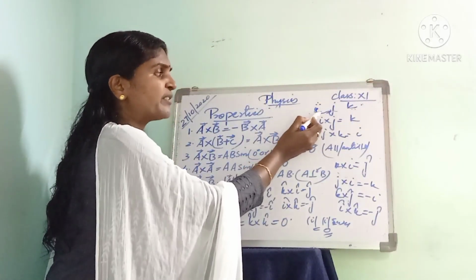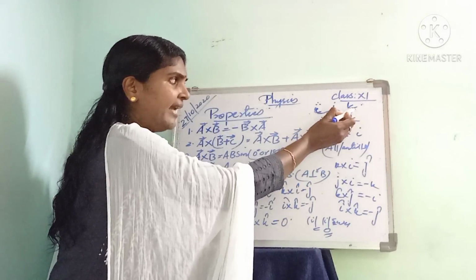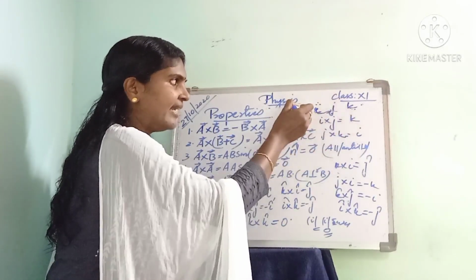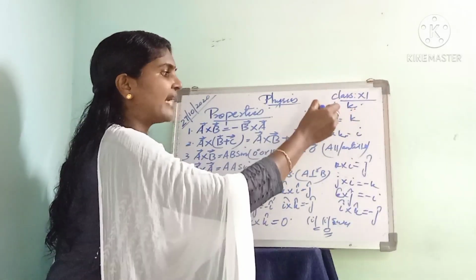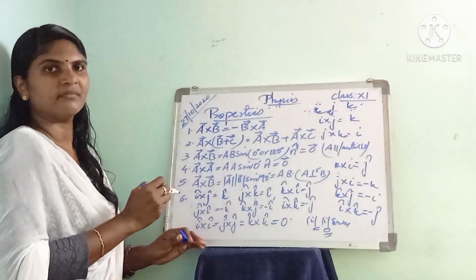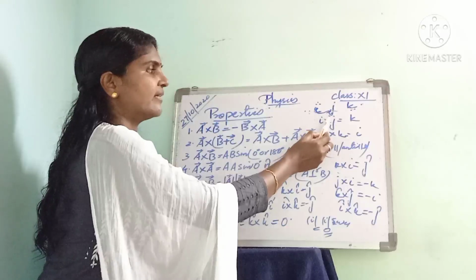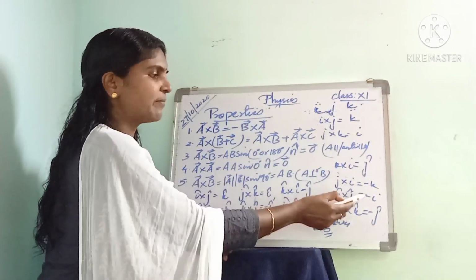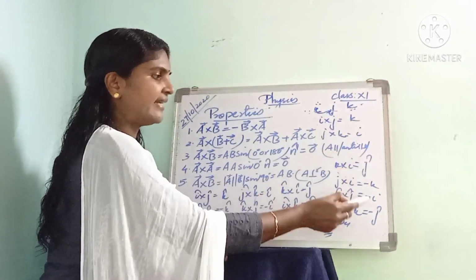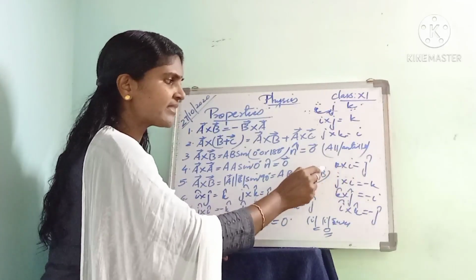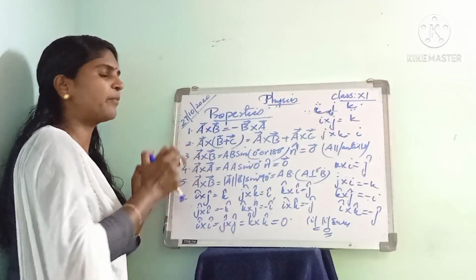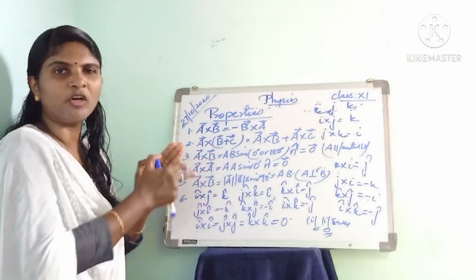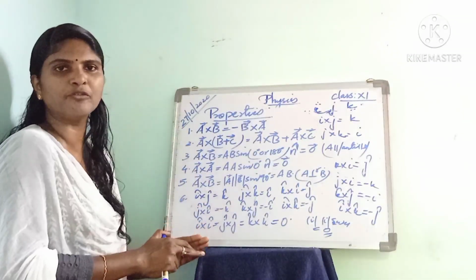Then i cross j is k, j cross k is i, k cross i is actually j. Taking the reverse, j cross i is minus k, k cross j is minus i, and i cross k is minus j. These are the important properties of the vector product of two vectors.